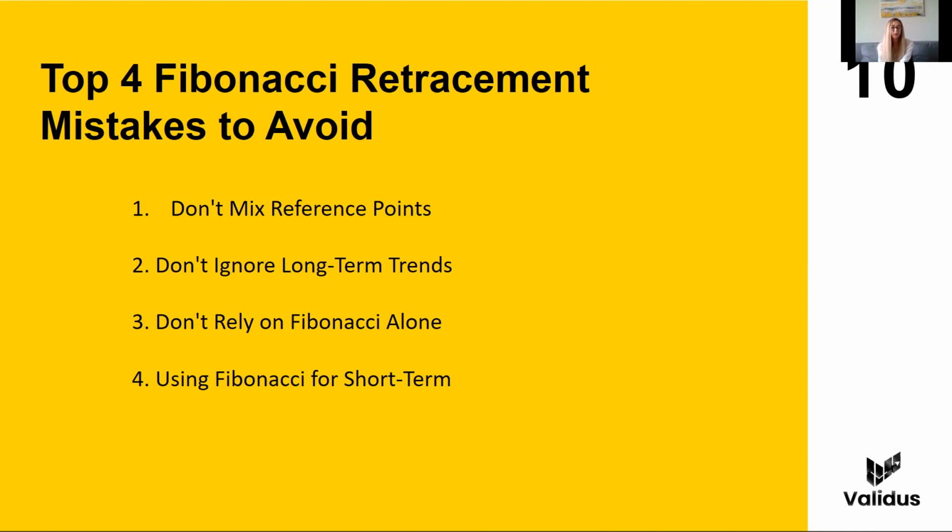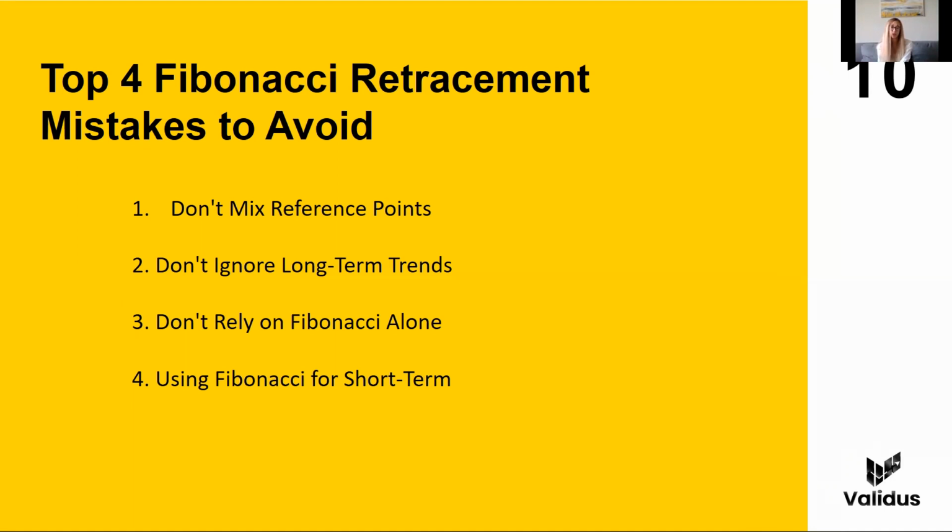Okay, so second, don't ignore long-term trends. Beginner traders, new traders, often try to measure significant moves and pullbacks in the short term without keeping the bigger picture in mind. This narrow perspective makes short-term trades more than a bit misguided.